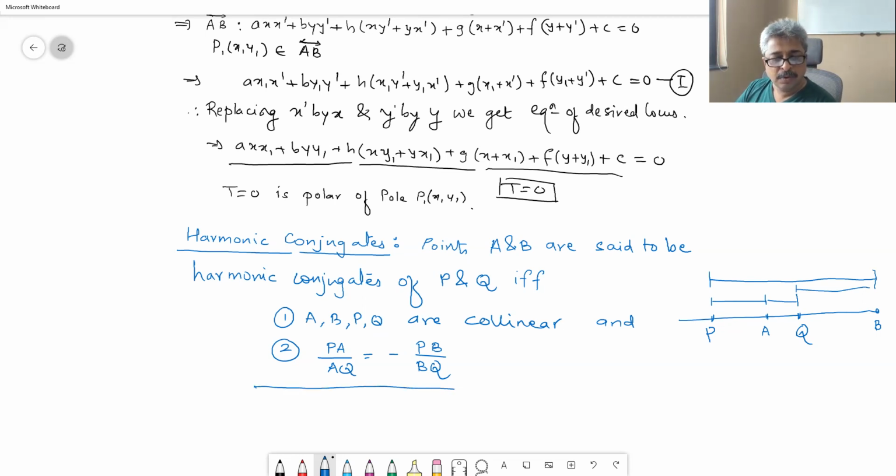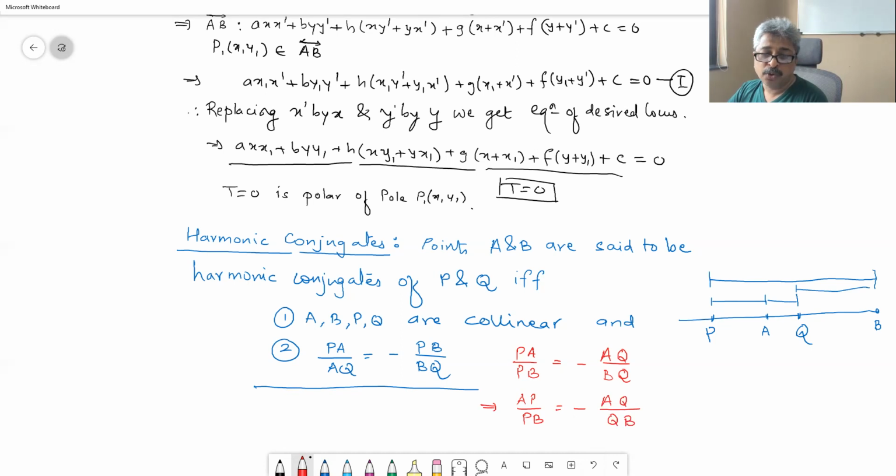Now, the corollary is that numerically they are the same, therefore let me just work it out. PA upon PB is equal to the opposite of AQ upon BQ. But if I want to keep them numerically as a ratio, I write it like this: AP upon PB is equal to minus AQ upon QB. Right?